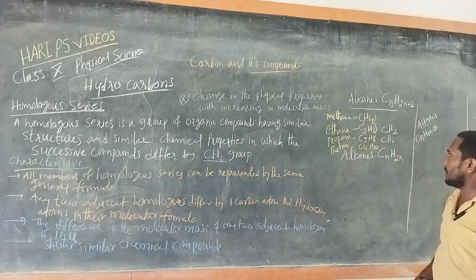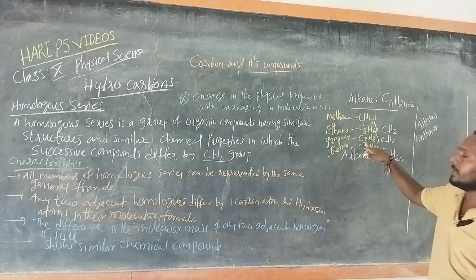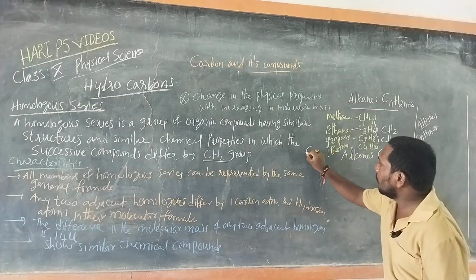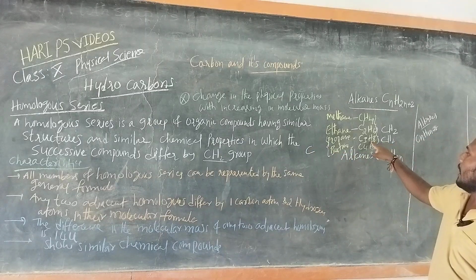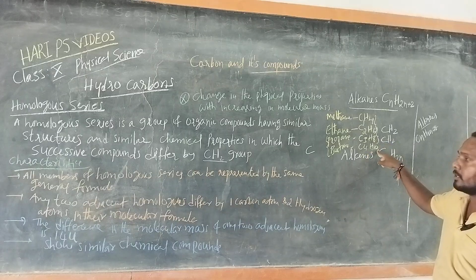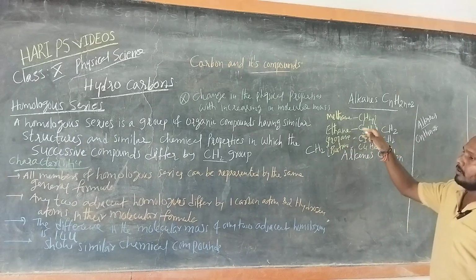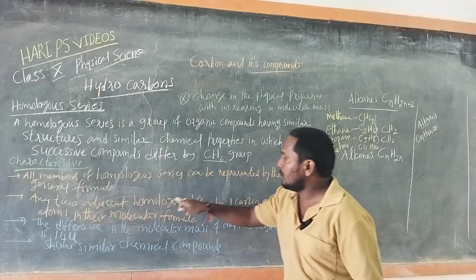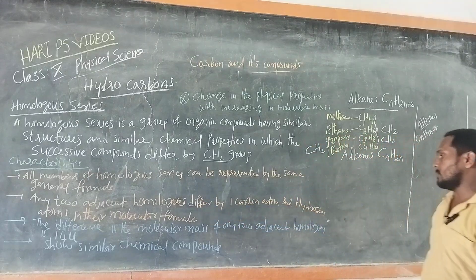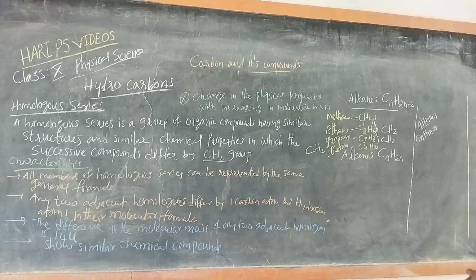Propane has 3 carbon atoms, butane 4 carbon atoms, one carbon atom different. Propane has 8 hydrogens, butane has 10 hydrogens, so again 2 hydrogens are different. So any two adjacent homologues differ by 1 carbon atom and 2 hydrogen atoms in their molecular formula.